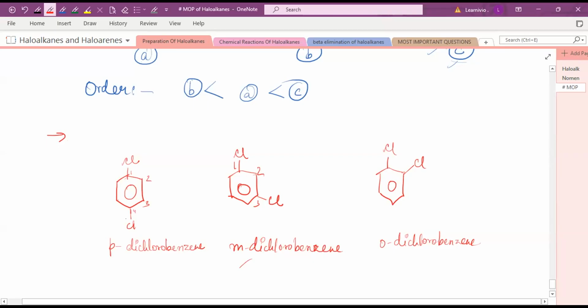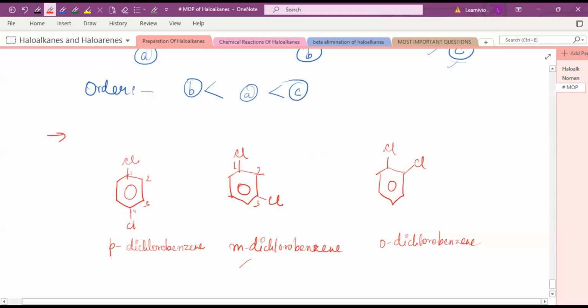Para isomers are more symmetrical in nature, and their molecules are packed closely in the crystal lattice. Due to the symmetrical nature, it is very easy to pack closely in a crystal lattice, which leads to a stronger molecular force of attraction, right?